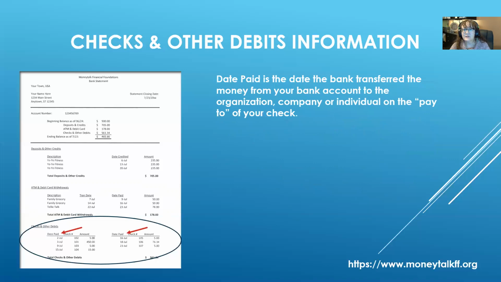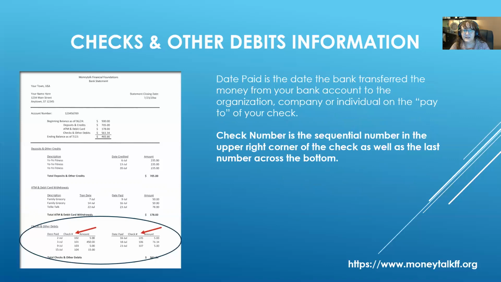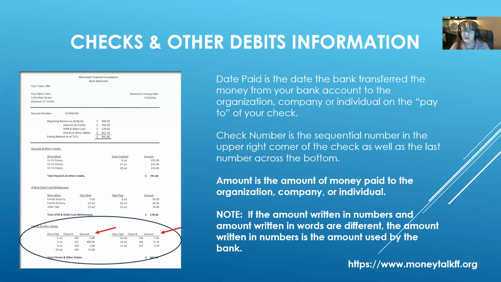Included in there will be the date that the bank paid the check, the actual check number, and the amount that the check was written for. Now, if the check amount in numbers and the check amount in words are not the same, the bank will use the check amount that is in words as far as the amount, the official amount of the check.